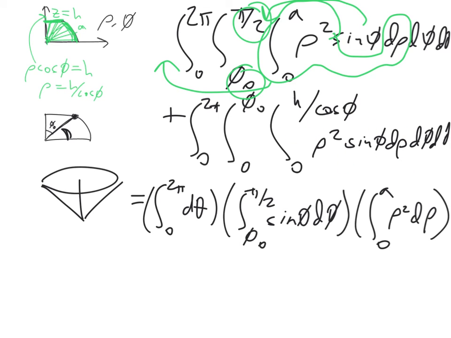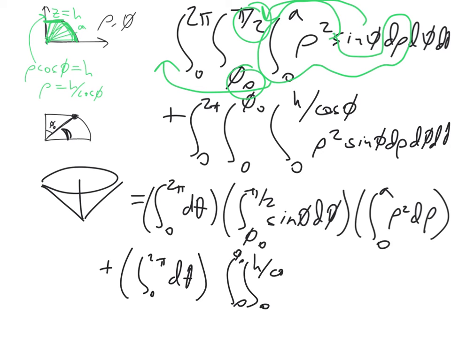It's not just going to be a number. And so these two integrals, the rho integral and the phi integral, are inextricably linked, but by the time we're done doing both of them, we are just going to have a number, and so we can factor out the theta integral, 0 to 2 pi d theta, times these integrals that are linked together, 0 to phi naught, 0 to h over cosine phi, rho squared sine phi d rho d phi.